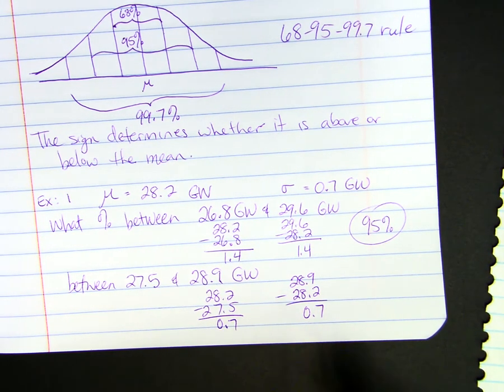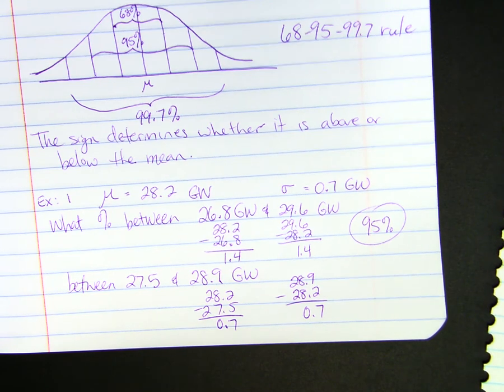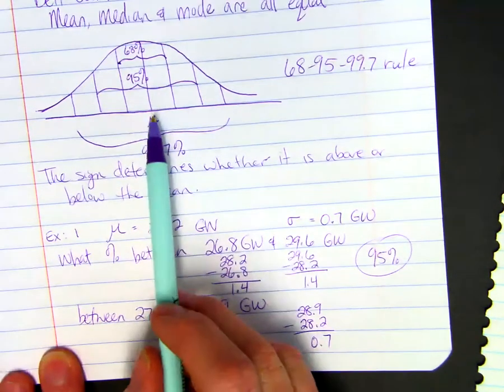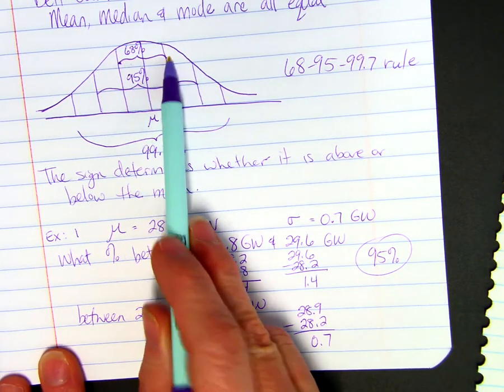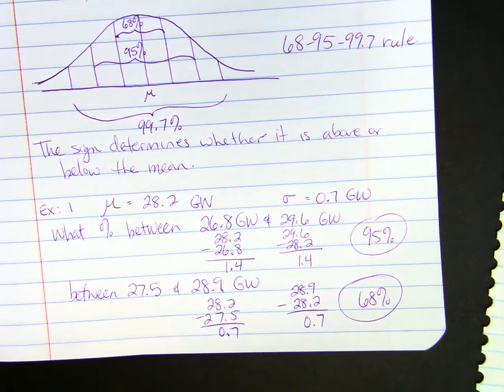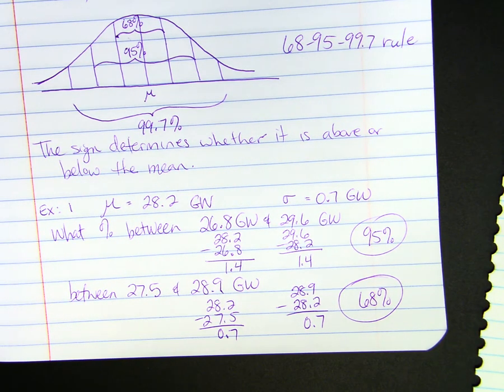So this is exactly 1 standard deviation on each side of the mean. If you go 1 standard deviation on each side, that's 68% of it.